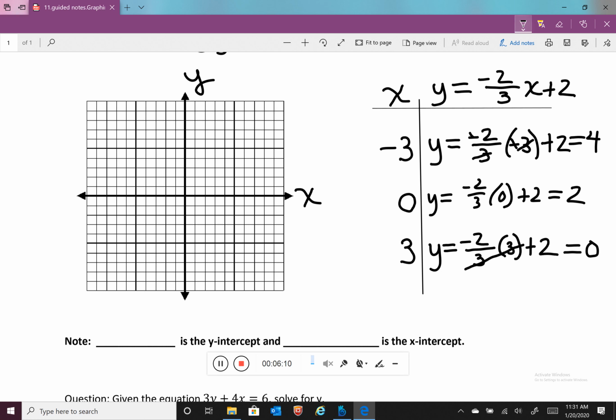And because our points are very close to the origin, it is okay for each increment to be a value of 1. So I'm going to go out 5, up 5, to the left 5, and down 5, just so that I can read this without it being too messy. So starting with negative 3, so 3 to the left and up 4, negative 3, 4, 0, 2, we'll talk about that point in a little while, and then 3, 0, we'll talk about that point as well.